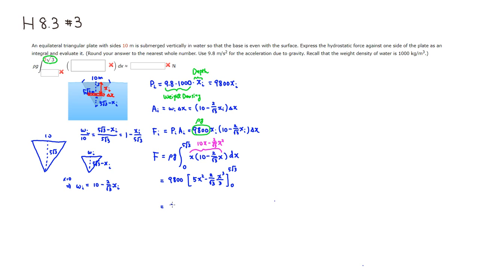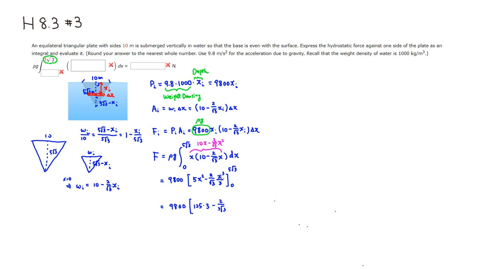So you have 9800. Then we plug in 5 square root of 3. So 5 squared is 25 times 5 is 125, and times square root of 3 squared, which would be just 3. Minus 2 over 3 square root of 3, which is already there.